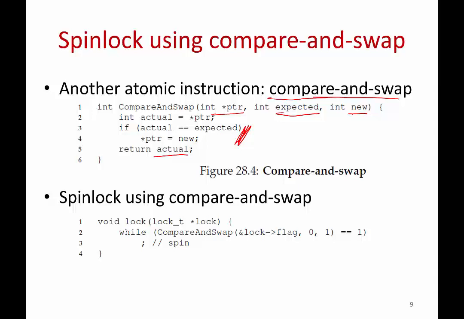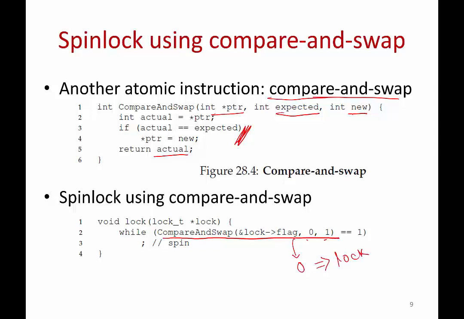Okay. So how do you implement a lock with compare and swap? So you check if the old value of flag is 0, then set it to 1. Okay. And if this compare and swap returns 0, it means you have acquired the lock.